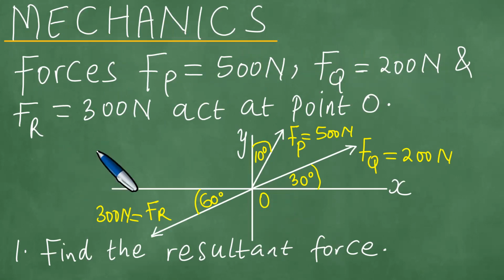Now, the force Fq, the angle here is 30 degrees, and the force Fr, as it sits there, is actually making an angle of 60 degrees there, but 60 degrees in the negative direction.